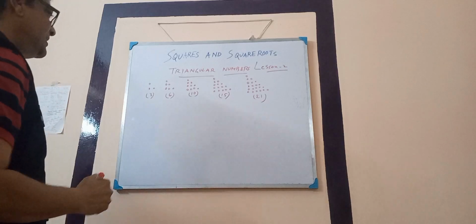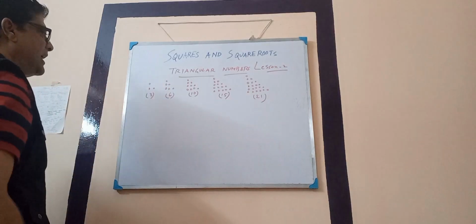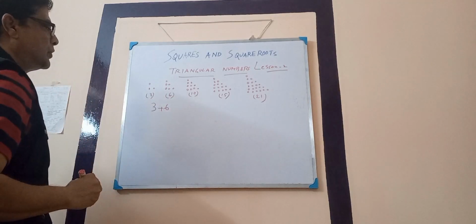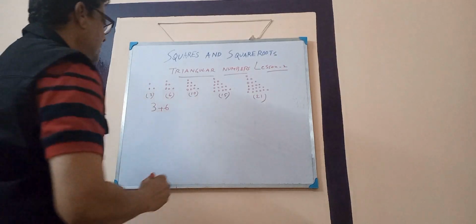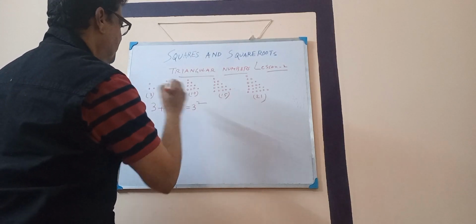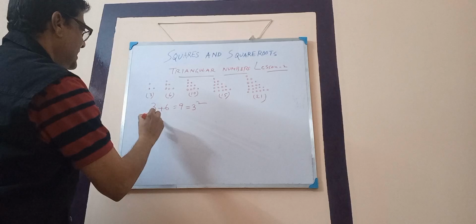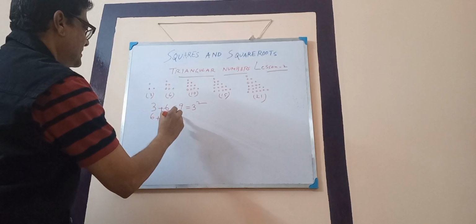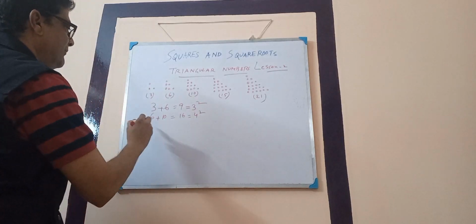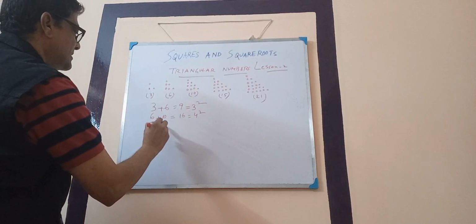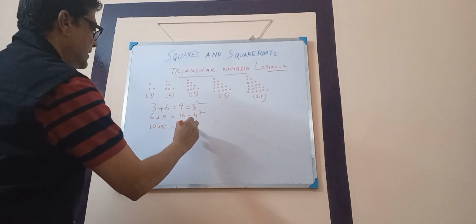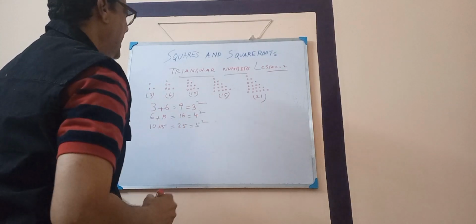Now if I add two consecutive triangular numbers, that means 3 plus 6, the result will be a square. If I add 6 plus 10, this is 16, it is also a square. If I add 10 plus 15, that is 25, that is a square.